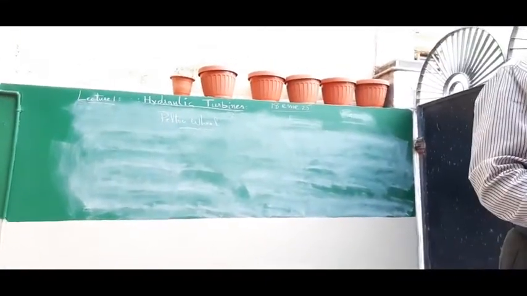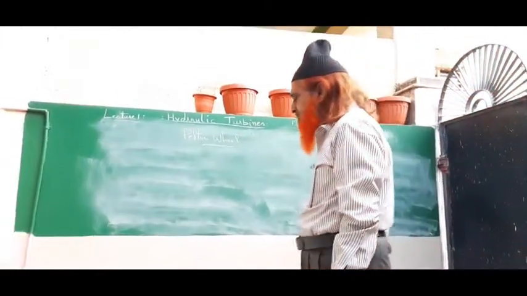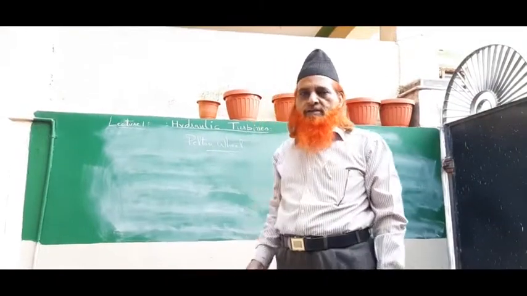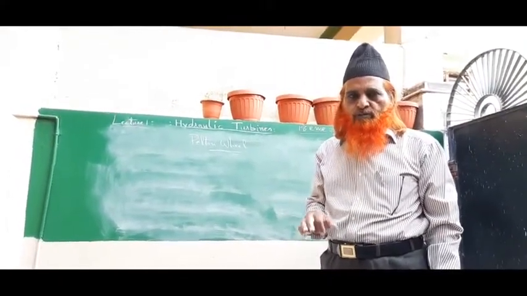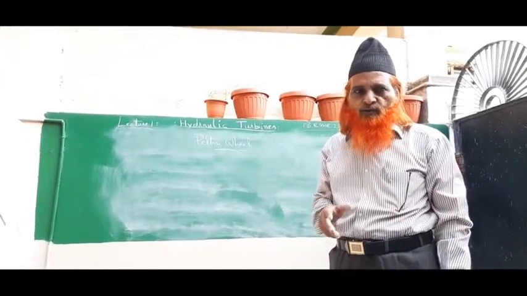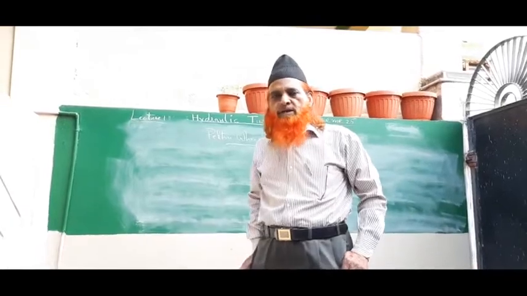And also we have taken the classification on the basis of flow of water, that is tangential flow, radial flow, mixed flow, radial and axial flow, and total axial flow, etc. That means the flow of water in the turbine.